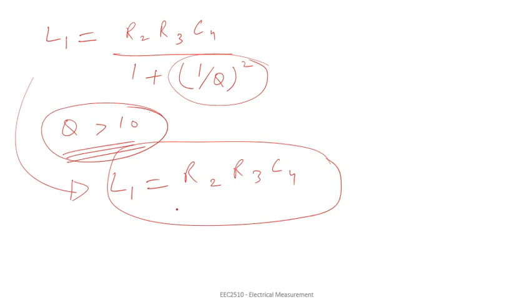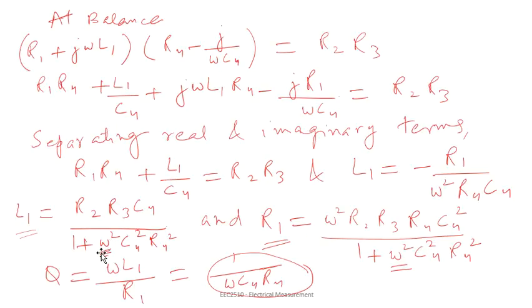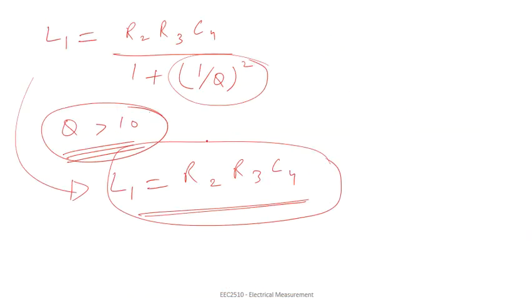So when we have to measure the inductance of coils having very high Q factor, it is not necessary to know the frequency of supply. Although this frequency term is present, it can be neglected with this assumption, and the required expression simplifies to R2, R3 and C4.